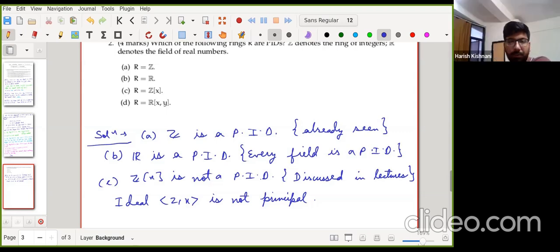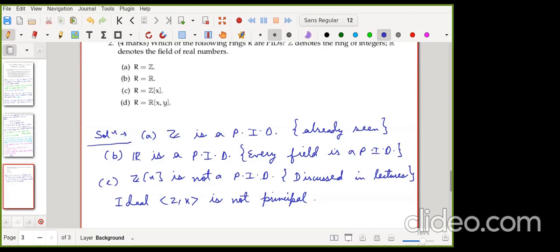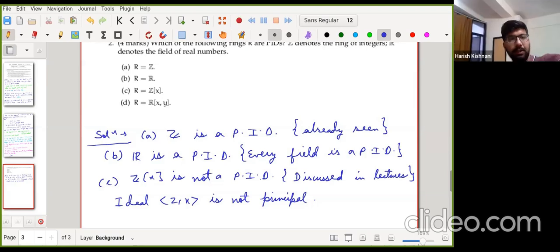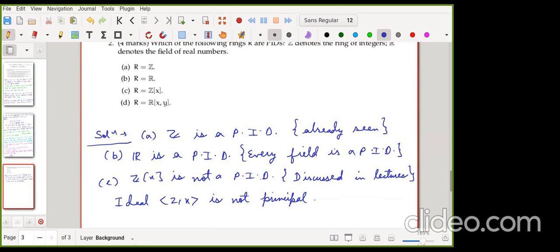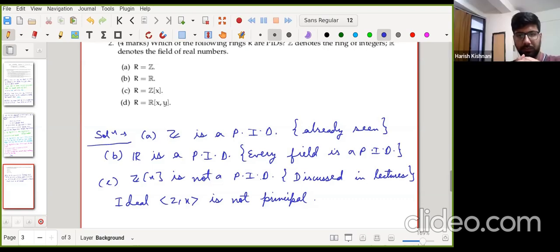But what should be the argument for that? The ideal (2, x). What's the problem with this ideal? Say if it is generated by some single element, what contradiction will you have?